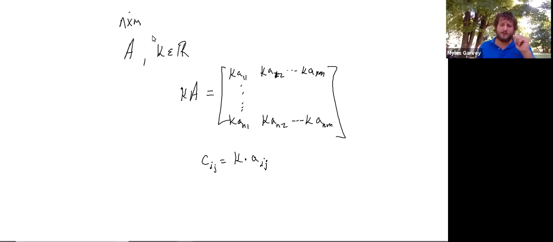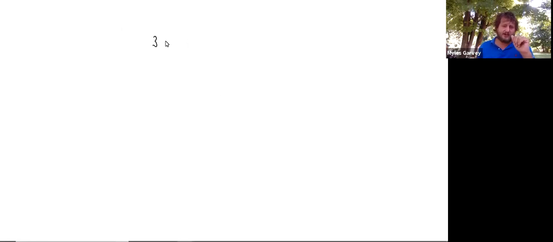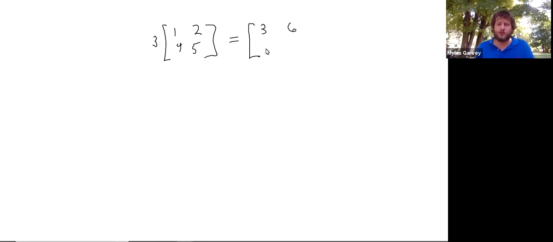So for example, suppose I had the matrix 1, 2, 4, 5. I can construct a new matrix where basically I distribute the 3 to all of the elements. So 3 times 1 is 3, 3 times 2 is 6, 3 times 4 is 12, 3 times 5 is 15. Okay, so we have our second basic operation.